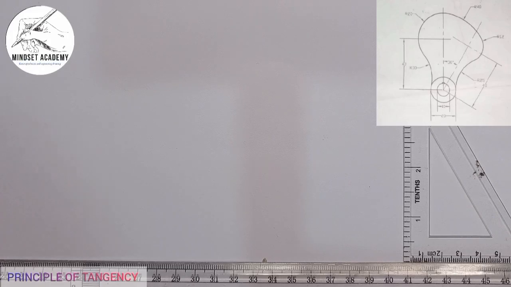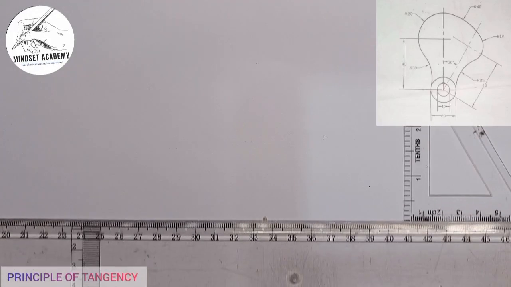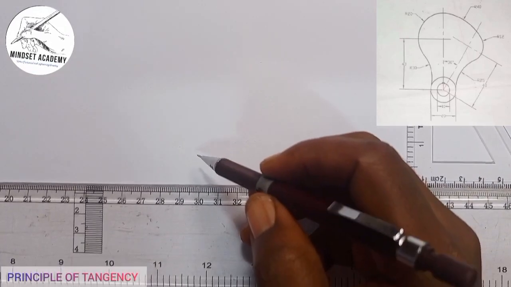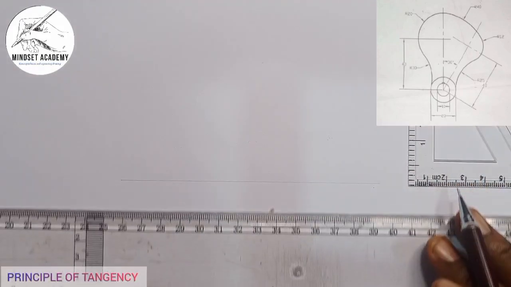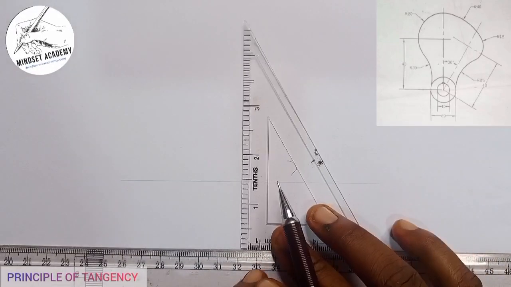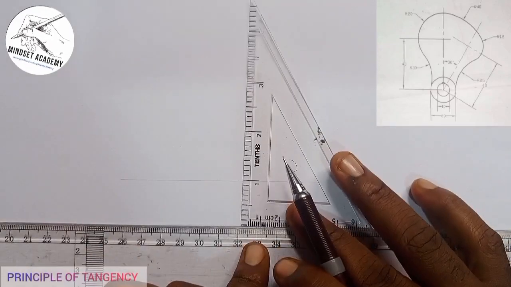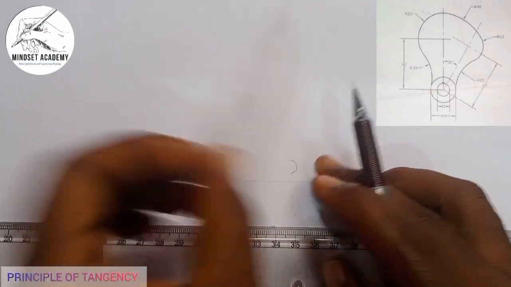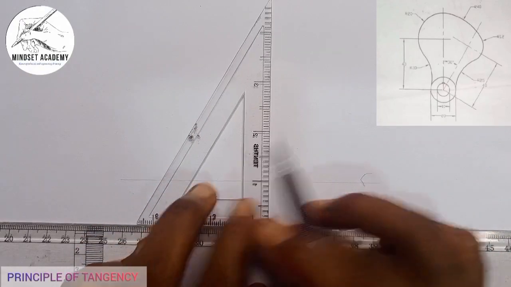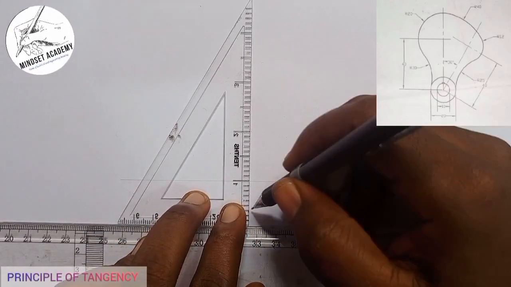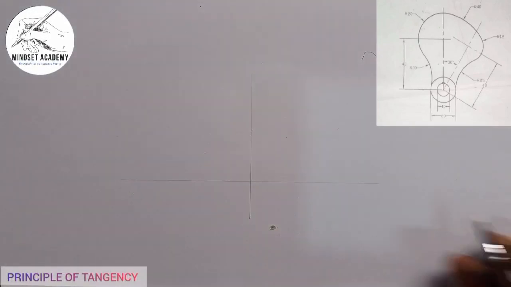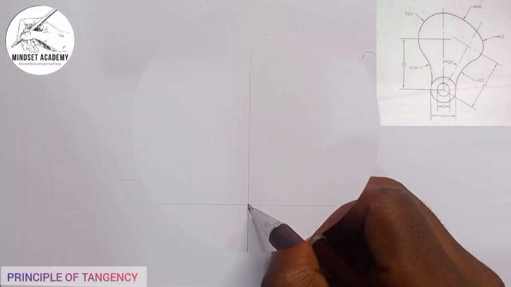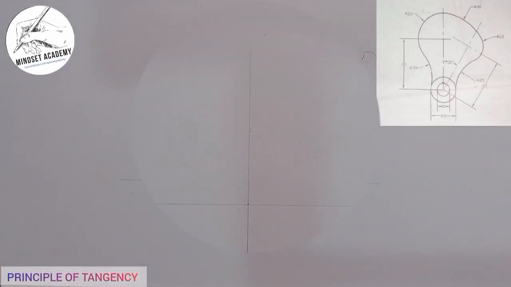Now, the first thing you will do is draw your horizontal line this way, faint line first, then you draw your vertical line this way with the help of your set square. You can see that. And this is where it is meeting. This point here is that point you're seeing on the screen.